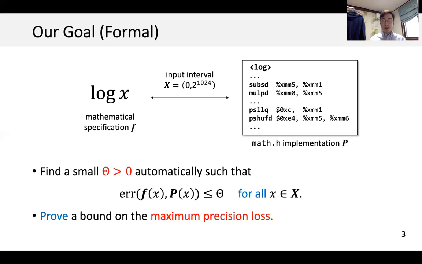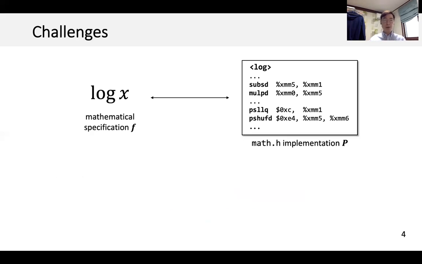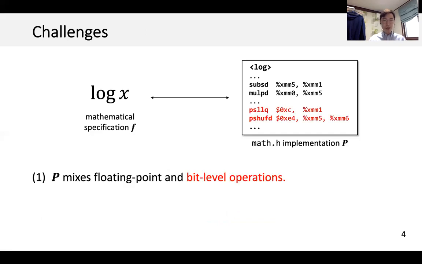In this talk, I will mainly focus on the two main challenges that we encountered when we solved this problem. The first challenge is that those floating point implementations, especially industry standard implementations of math.h, such as Intel's implementation, usually use floating point operations as well as bit level operations and intermix those two types of operations.